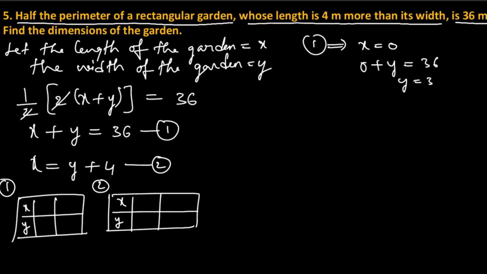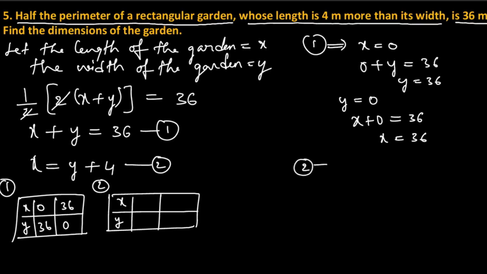Y will be 36. When x is equal to 0, y is equal to 36. If I take y is equal to 0, x plus 0 is equal to 36, whereas x is equal to 36. When y is equal to 0, x is equal to 36.